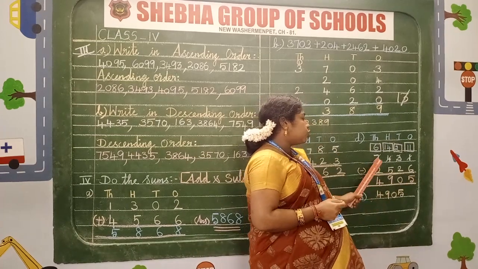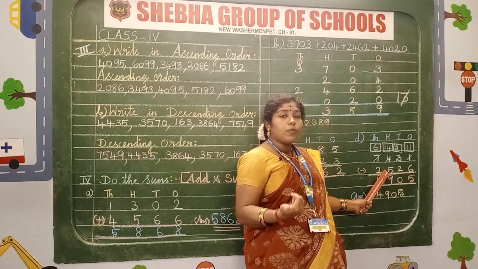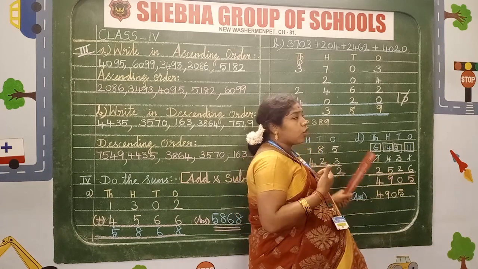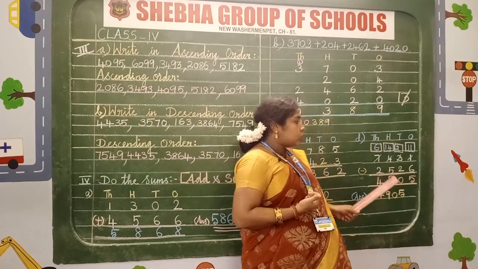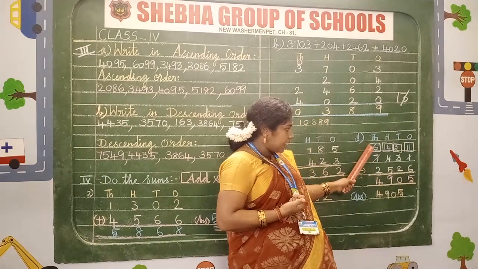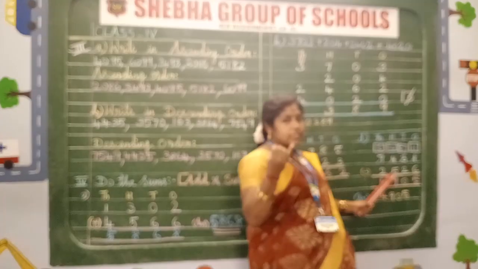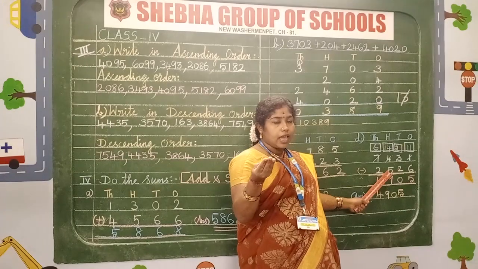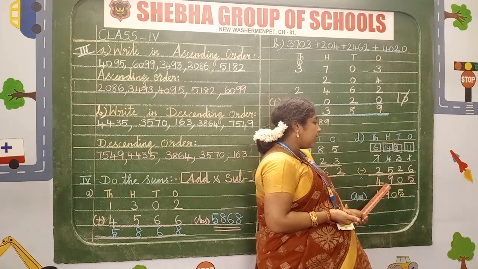Now tell me, children, 4 minus 5. Is it possible? No. What we have to do here? We have to borrow a number from the previous place value. So here 7 becomes 6 and 4 becomes 14. After 5, 6, 7, 8, 9, 10, 11, 12, 13, 14. So how many? 9.